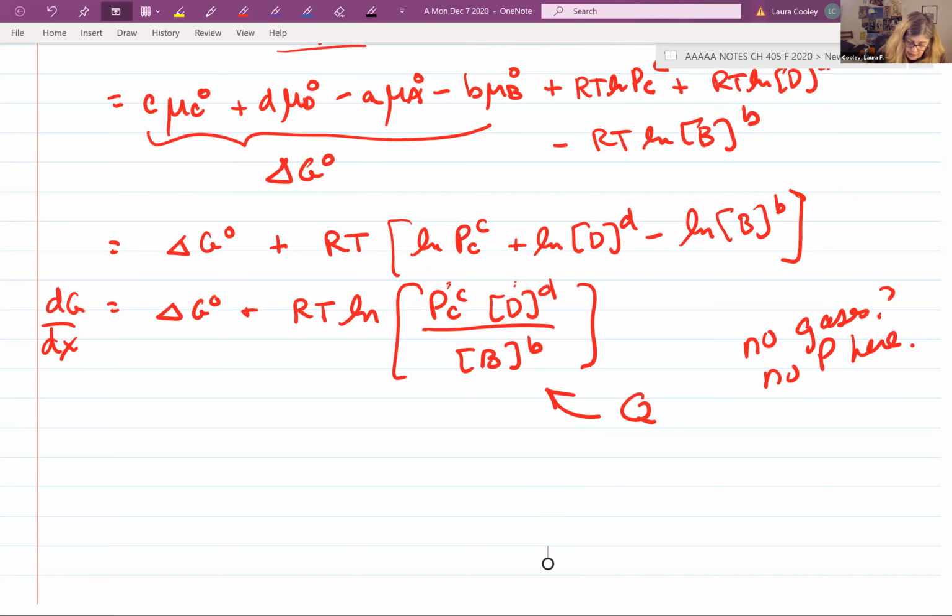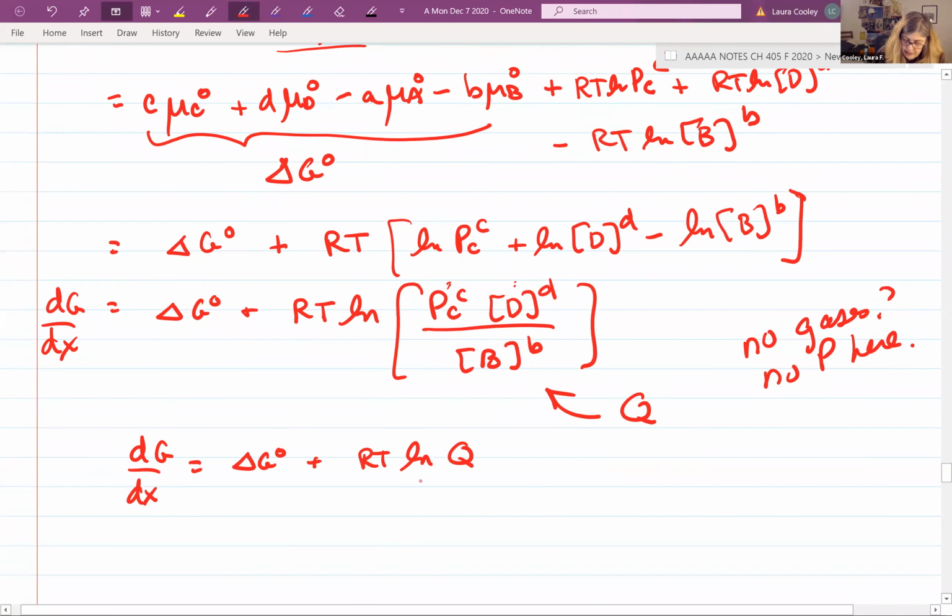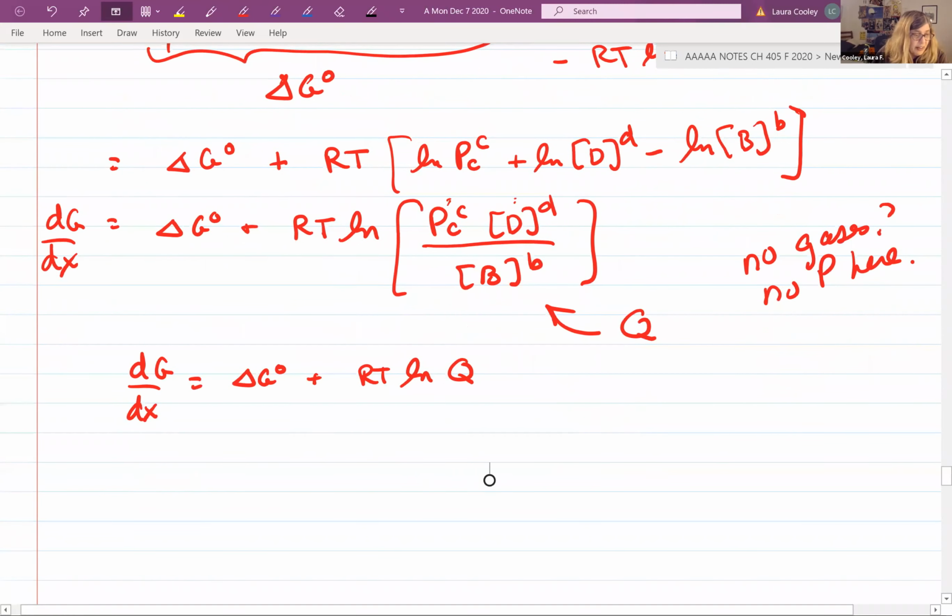So how do you use it? So you have this wonderful equation, which I'm just going to abbreviate that way. And so, of course, you could calculate this delta G0. We could calculate it in a couple of different ways. You could be given the delta GF zeros of the reactants and products.